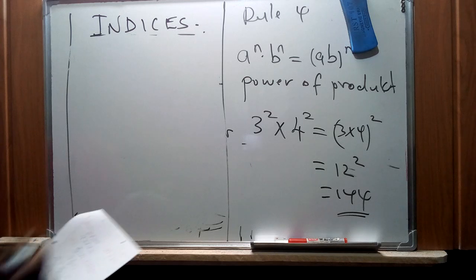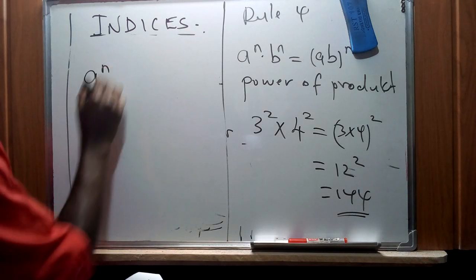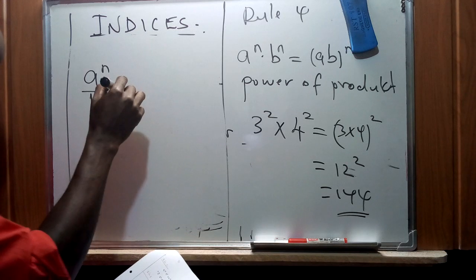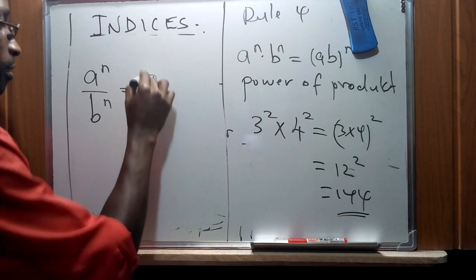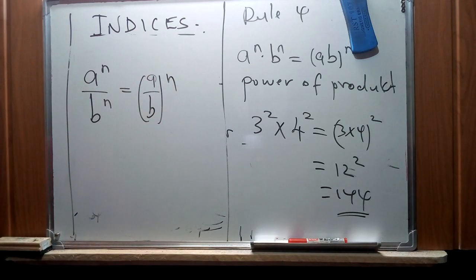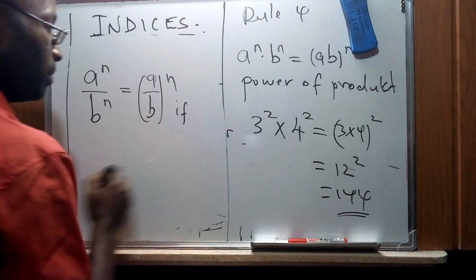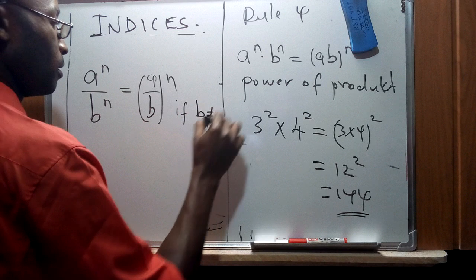We are going to have a raised to power n over b raised to power n. This is going to be a over b, raised to power n. In this case, this is only applicable when b is not equal to 0.